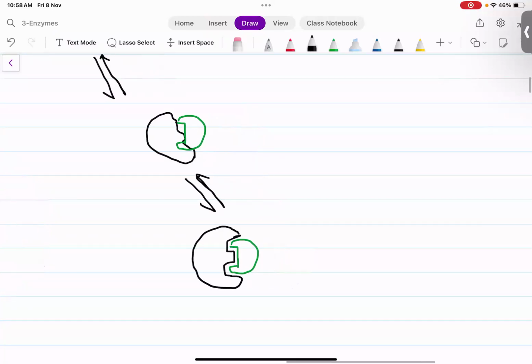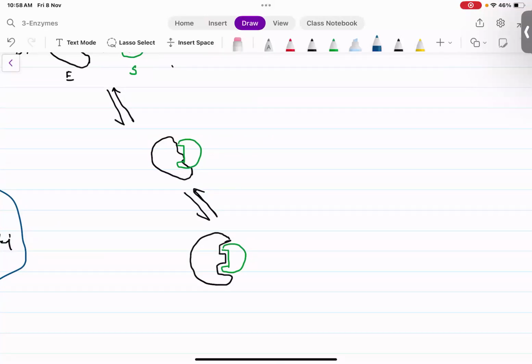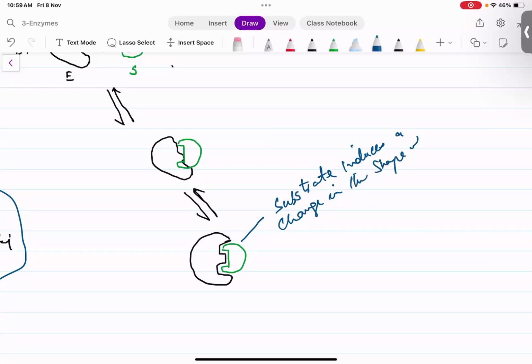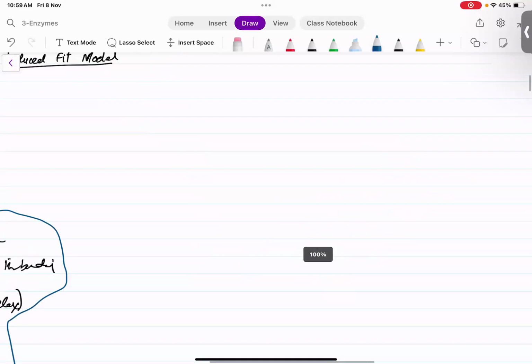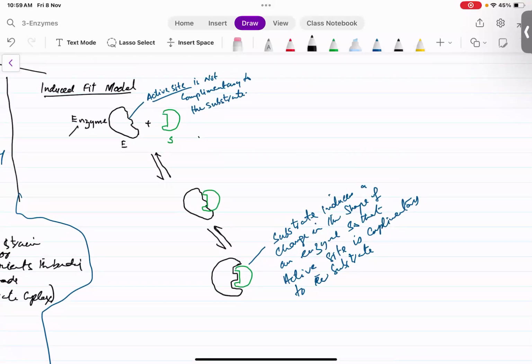When this substrate binds, the substrate induces a change in the shape of the enzyme so that the active site is complementary to the substrate, and so it becomes an exact fit after the substrate binds into the enzyme. That shows that the enzyme is not rigid. The enzyme is flexible in its shape.